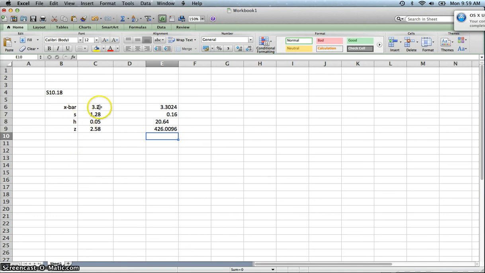But we did take a sample. We determined the average was 3.2, standard deviation was 1.28. We want to be 99% confident, so that is definitely going to up the number of observations we'll want to make. If we are willing to reduce our confidence level, then the number of observations will be reduced. The other thing that can impact this has to do with how close we want to be to the true value, how confident we want to be in capturing 99% of the distribution.